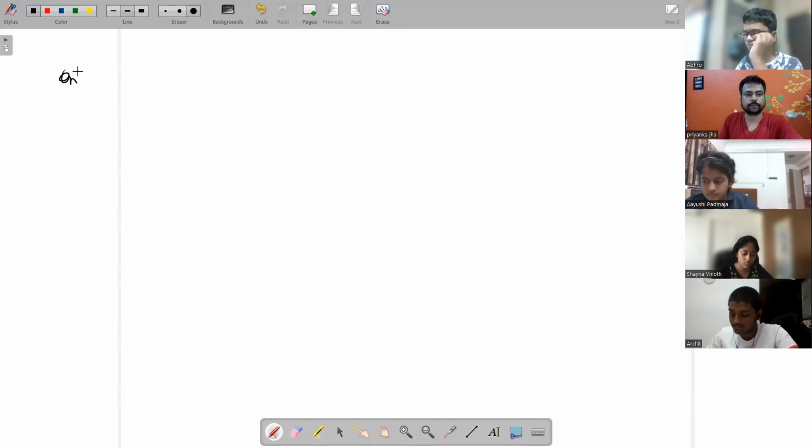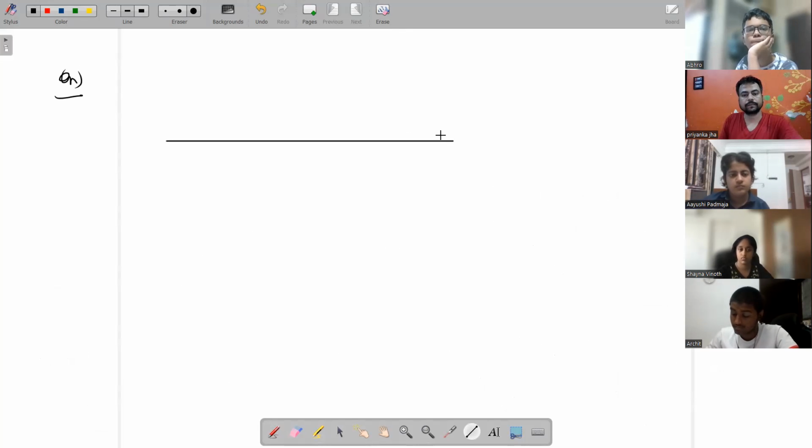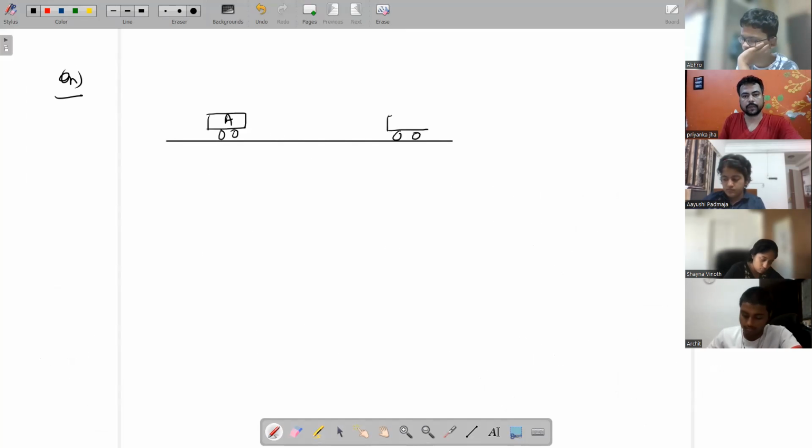Question says, there are two cars. One car is this A, and the other car is this car B. Car A is moving with 15 meters per second.